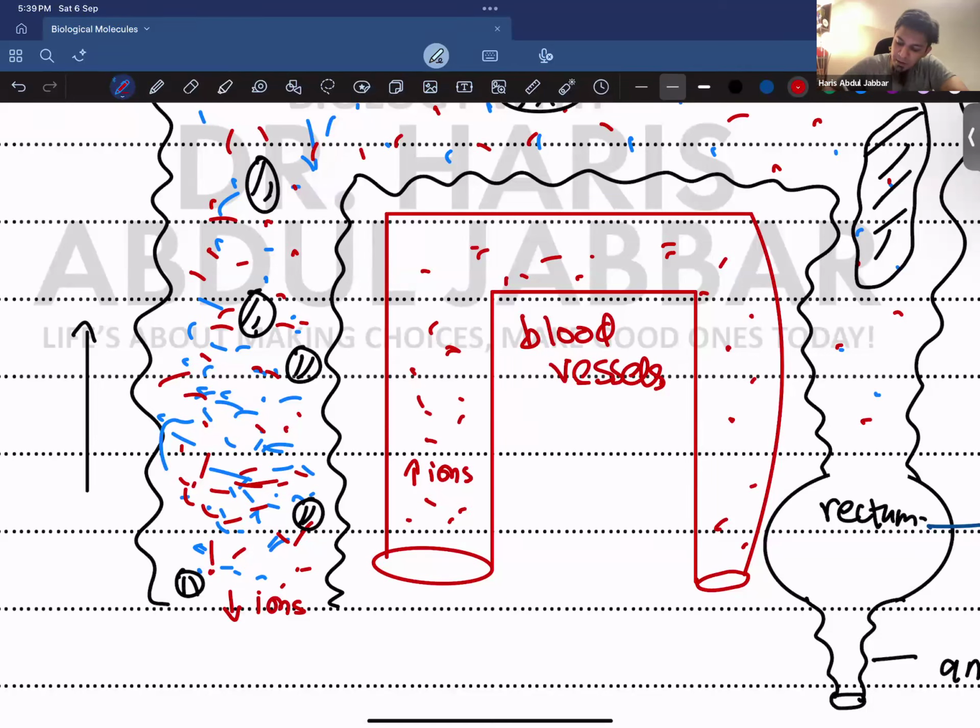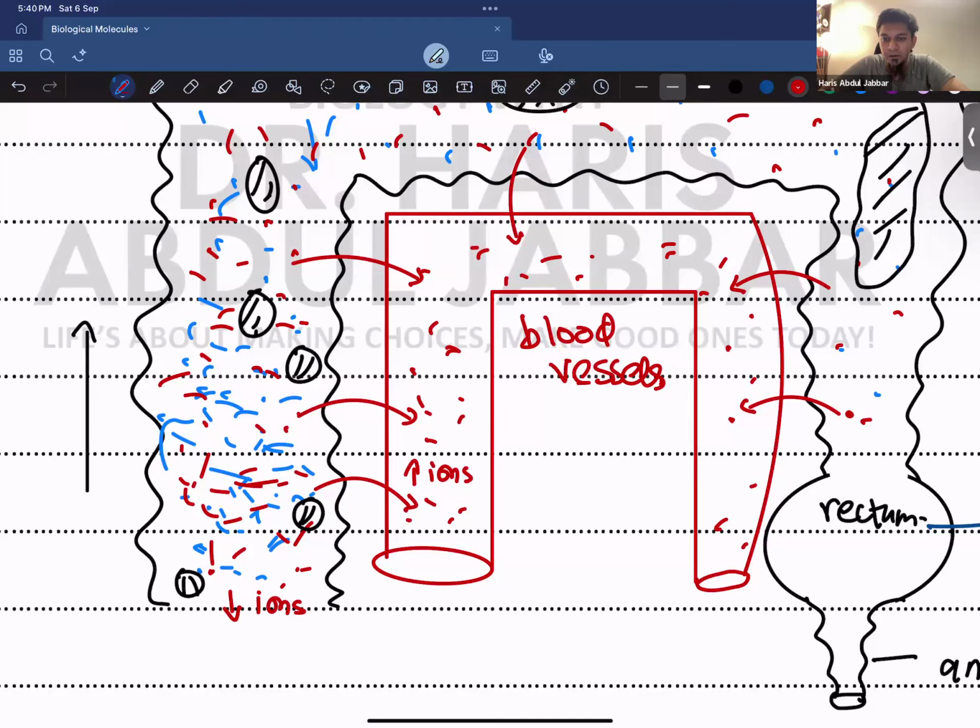These mineral ions are going to move from the large intestine into the blood from a region of low concentration towards a region of high concentration by the process of what, मेरे बच्चों? हाँ भाई, active transport. Very good, Manahil. Very good, Mipsal. Very good, Taisha. Right?